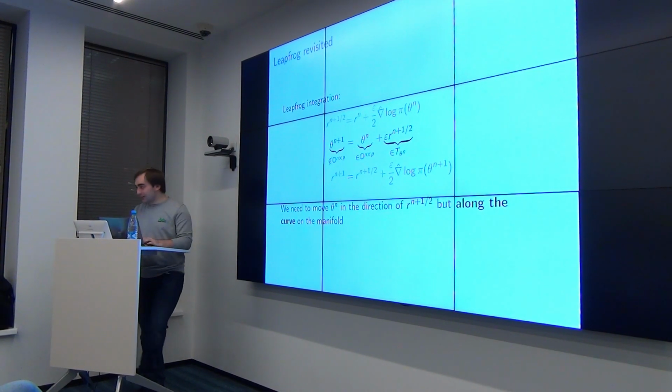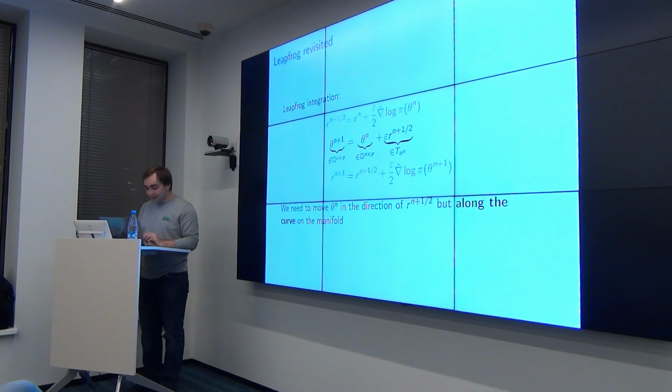It will help us. Okay. So the idea here is to move theta n in the direction of epsilon r, but not in the tangent space, but along some curve on the manifold. Okay.